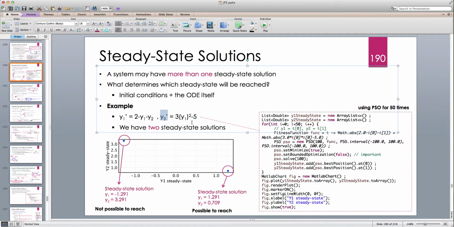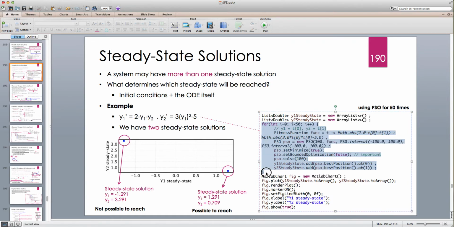So I have two solutions for y1, and then if I set y1 prime to 0, I end up with two solutions for y2, which is 2 minus y1. One is 0.709 and the other one is 3.291. All right, and again we can find all the solutions.